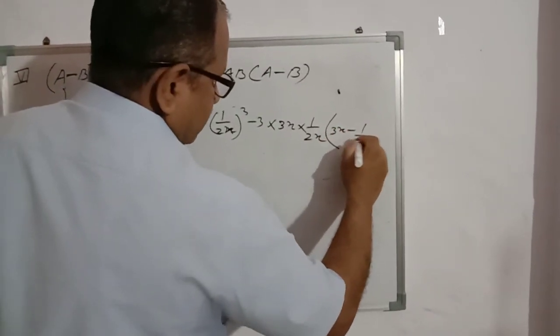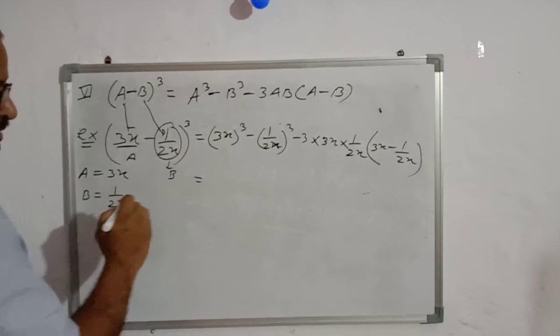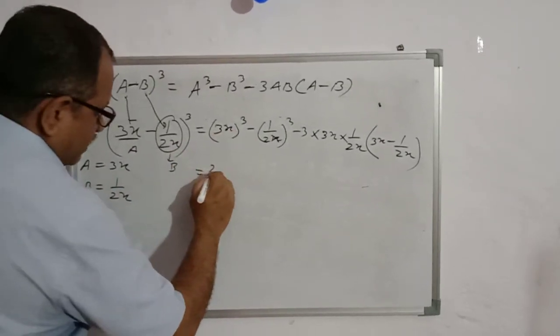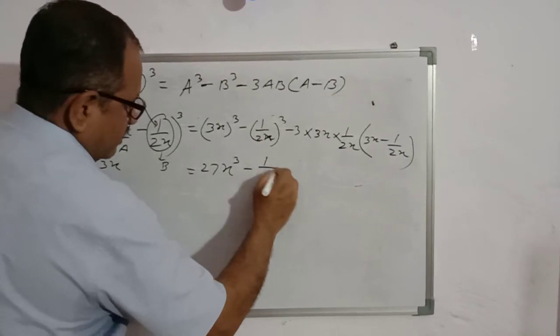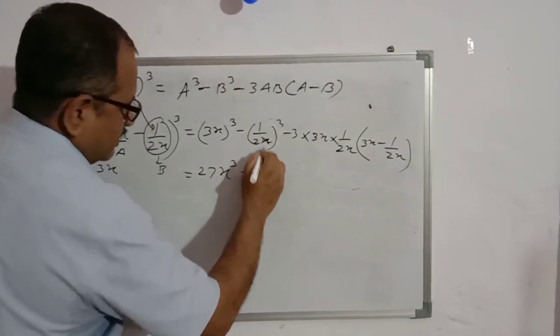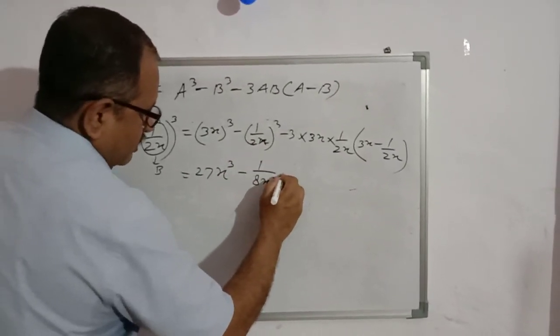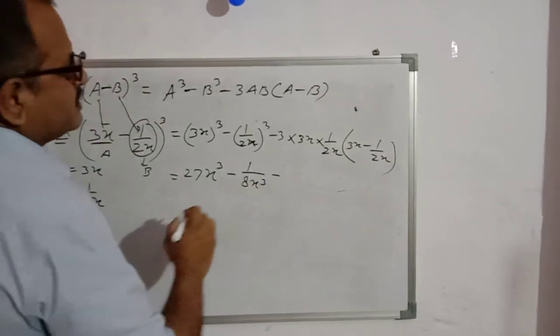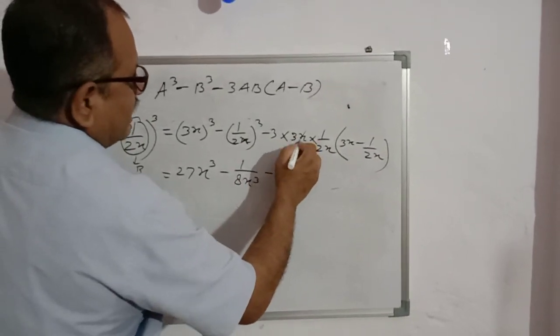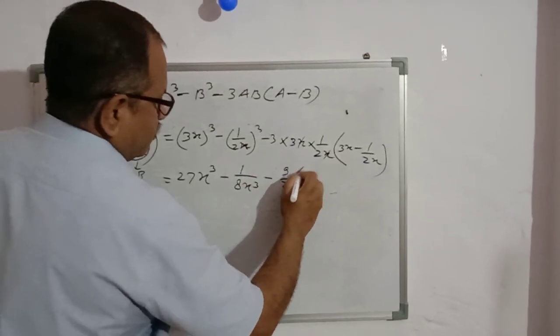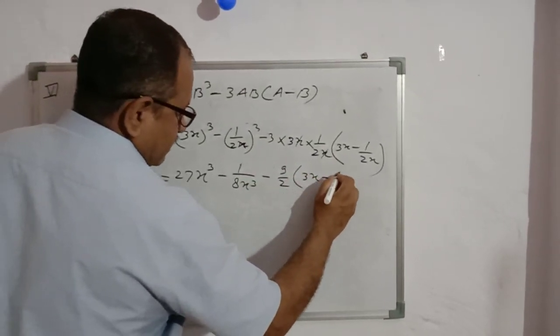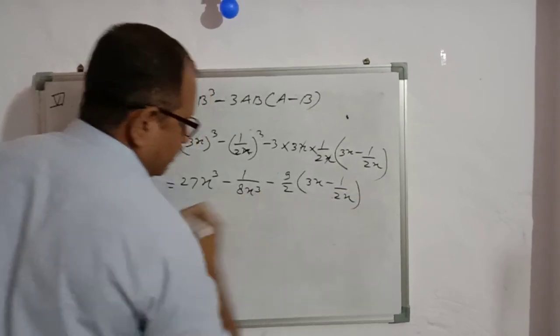So (3x - 1/2x). (3x) whole cube is 27x cube, minus 1 cube is 1, 2 cube is 8x cube, minus 3 into x cancels with x, 3 into 3, 9, 9 by 2, (3x - 1/2x).